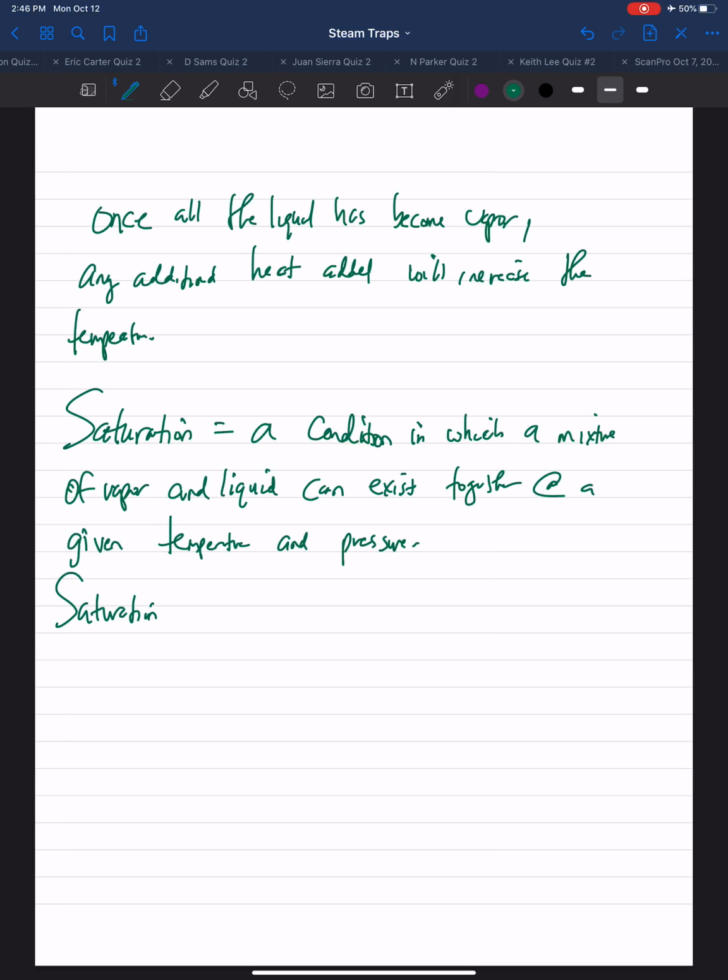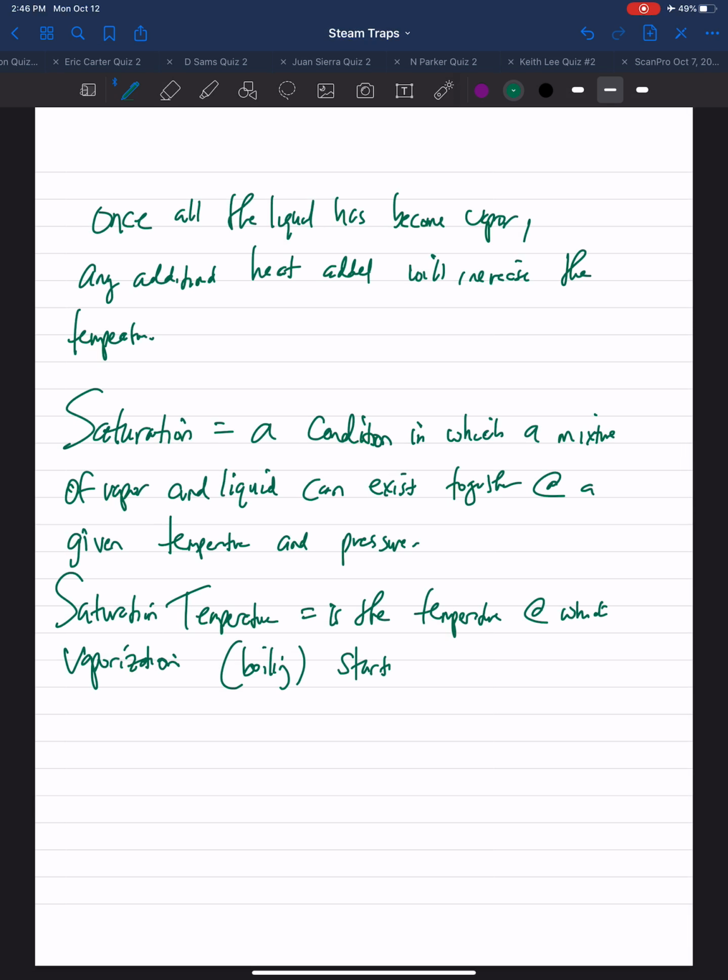Therefore, saturation temperature is the temperature at which vaporization, in the case of water, boiling, starts to occur at a given pressure.